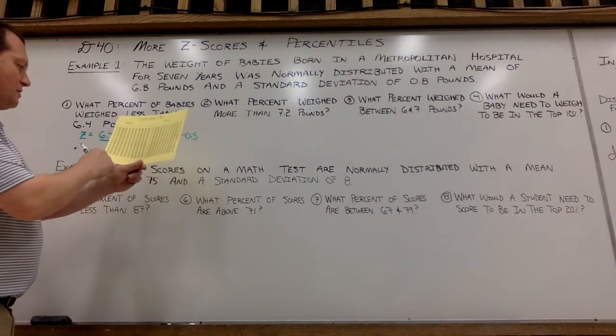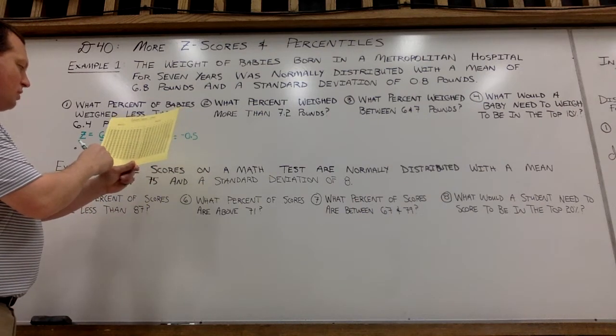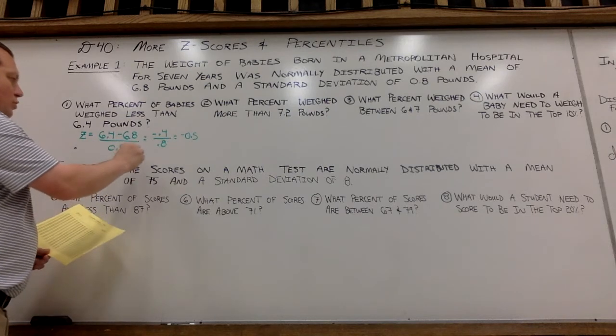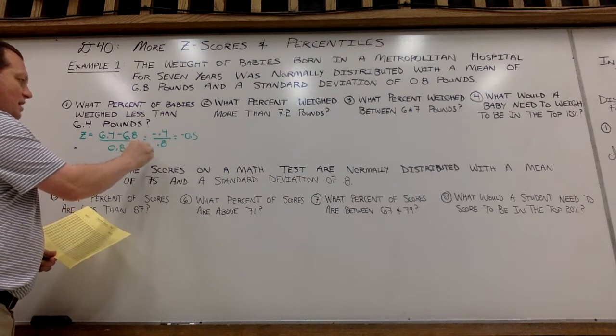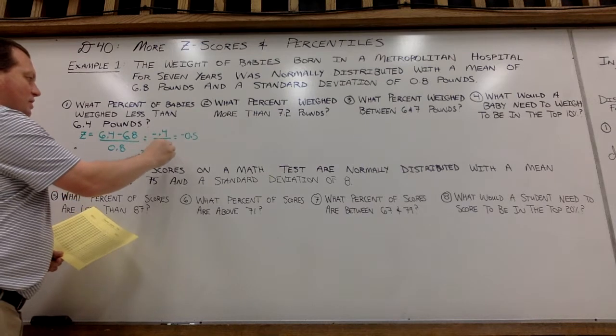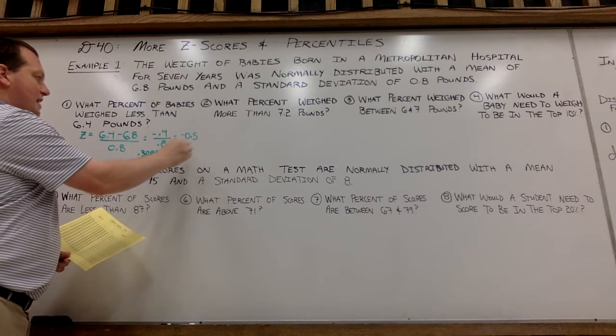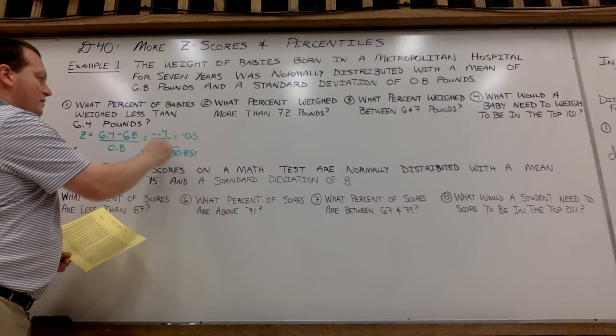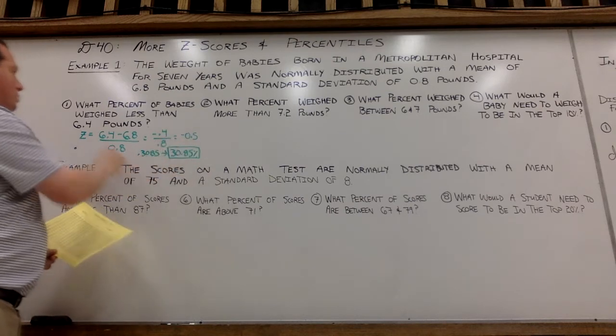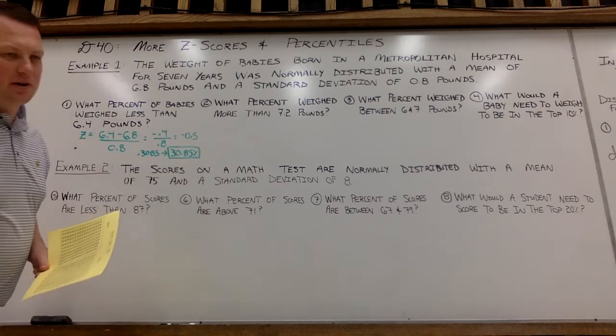So I'm going to go to the negative side. Negative 0.50 would be 0.3085. So that would indicate 30.85% of all babies born at this hospital would be less than 6.4 pounds.